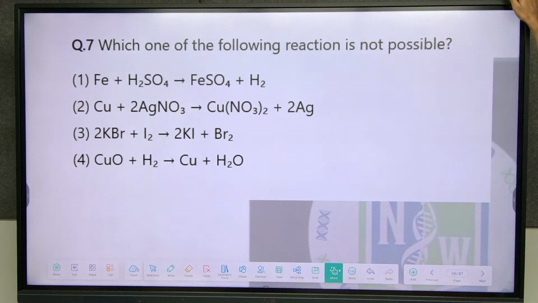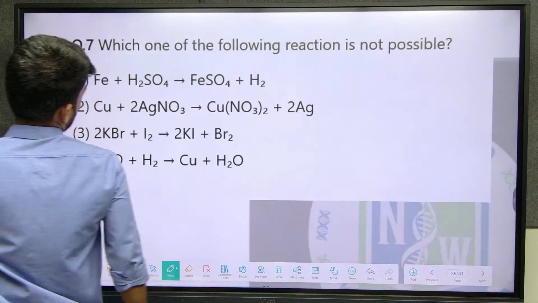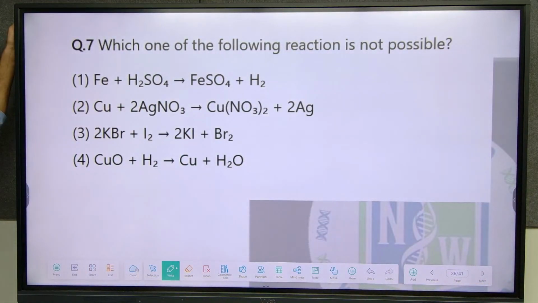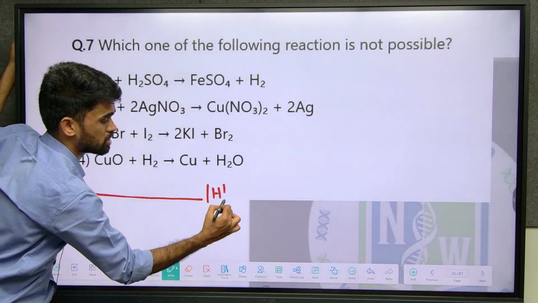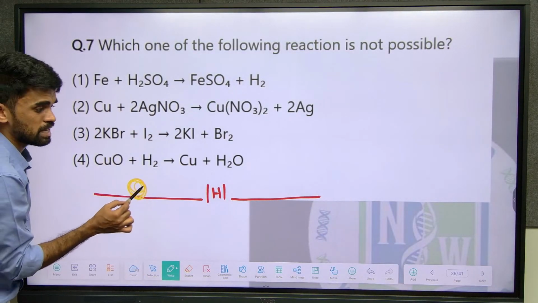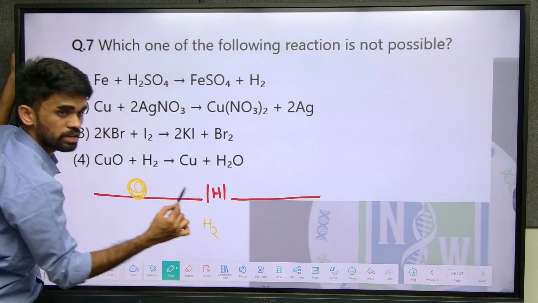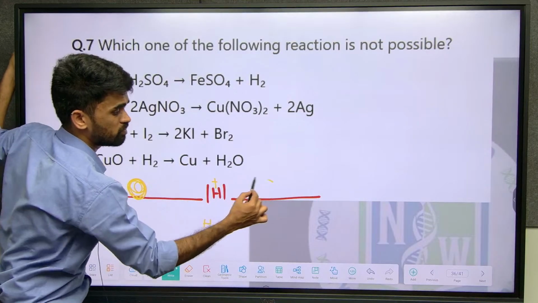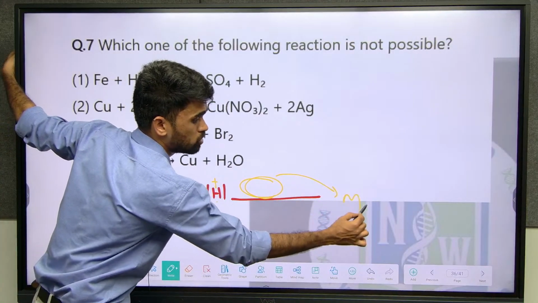Which of the following reactions is not possible? How can you identify? Not possible means what? I told you there are some metals on this side and some on that side of H. The metals on this side can displace H plus as H2. But if they are on the other side, they won't displace H plus; they only deposit as their respective metal.